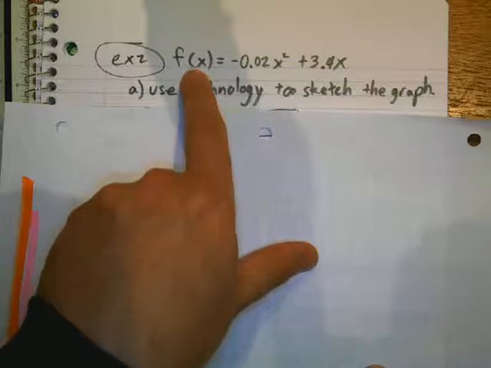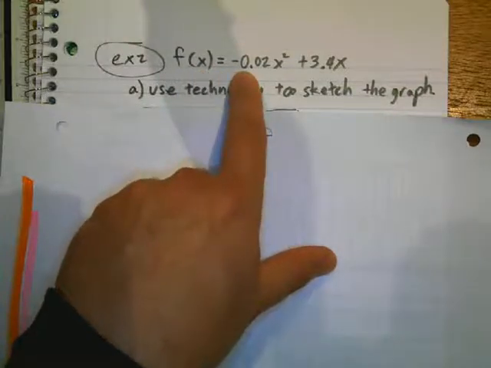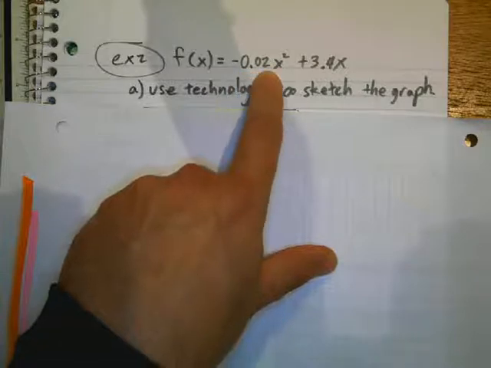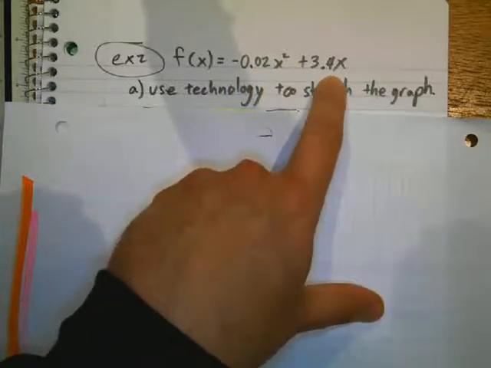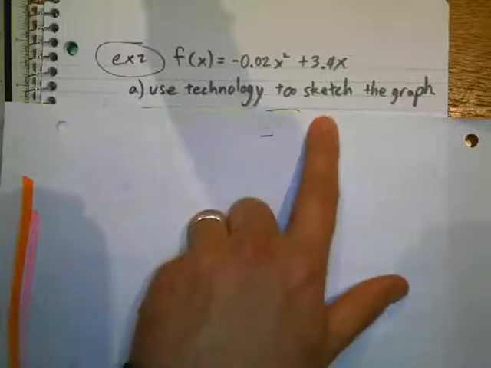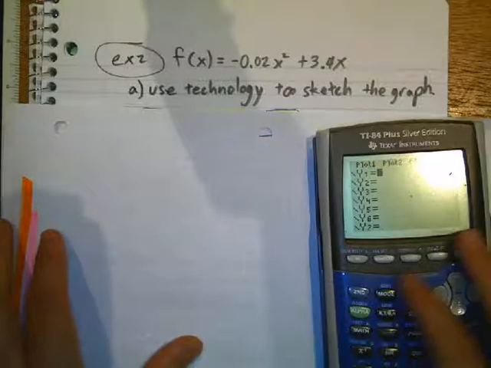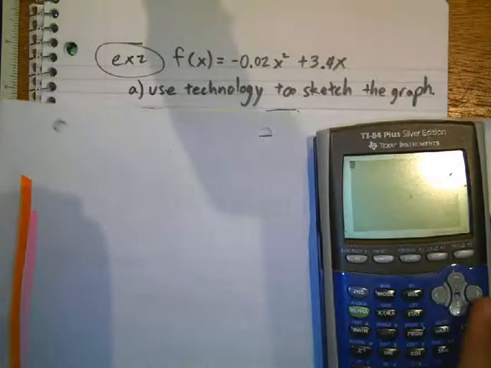It says f of x equals this function, negative 0.02 x squared plus 3.4x. Use technology to graph this. Okay, so the first thing I'm going to do is get my calculator out.